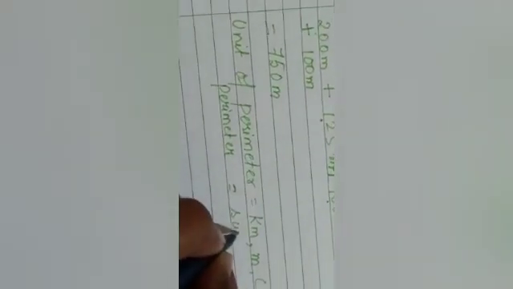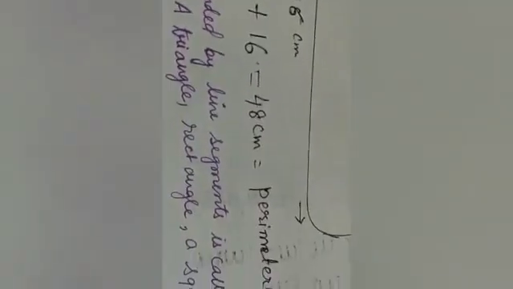So we can write the formula: perimeter of any figure is equal to the sum of all sides. A plane figure bounded by line segments is called a rectilinear figure, like a triangle, a rectangle or a square.